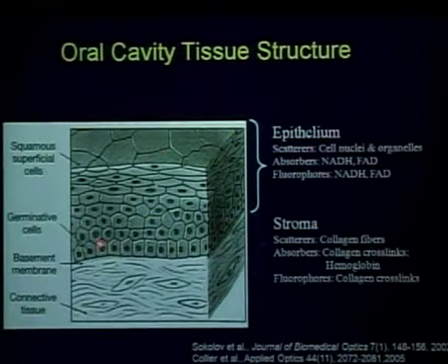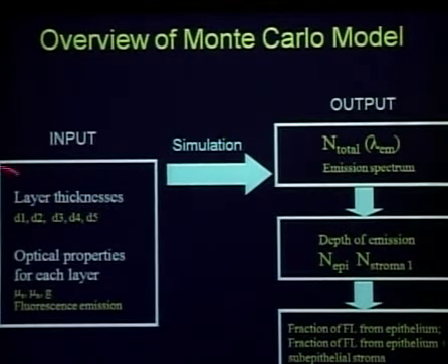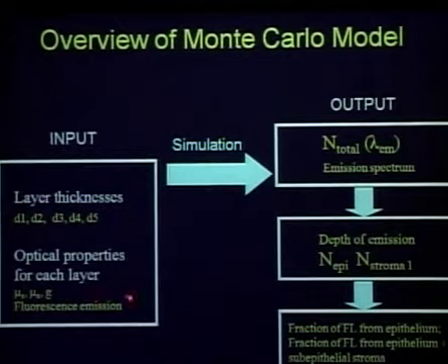So what we did next then was to take that knowledge that we had measured about what's happening to the distribution of fluorophores throughout the epithelium and the stroma, and built that into our Monte Carlo simulation. So we could vary the thickness of those 5 layers, and we could vary the optical properties for each layer: the scattering and absorption coefficient, the scattering anisotropy, and the fluorescence emission.